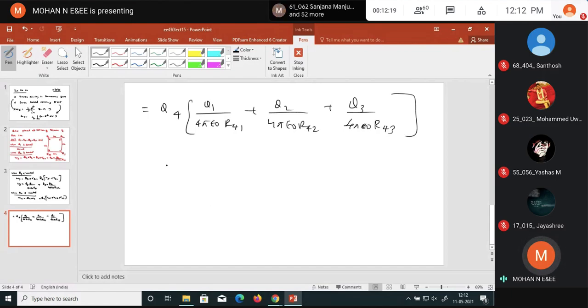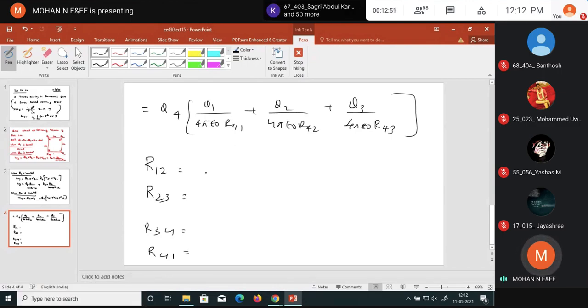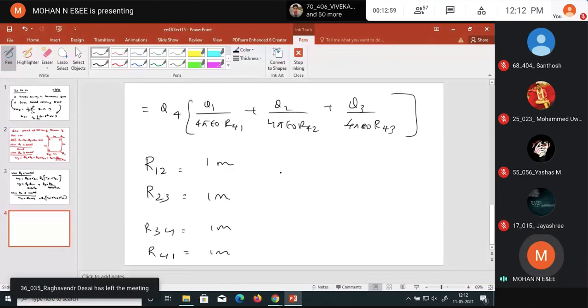You're supposed to find the distances. R12, R23, R34, and R41 you should know. These you have to calculate. You get them as 1 meter each, because the distance between adjacent points is 1 meter.